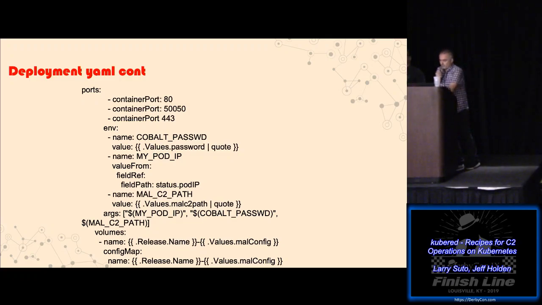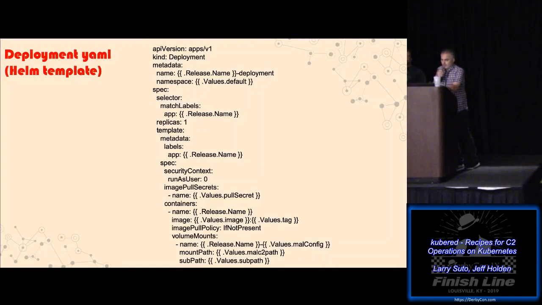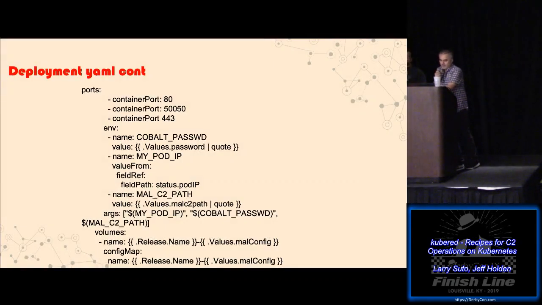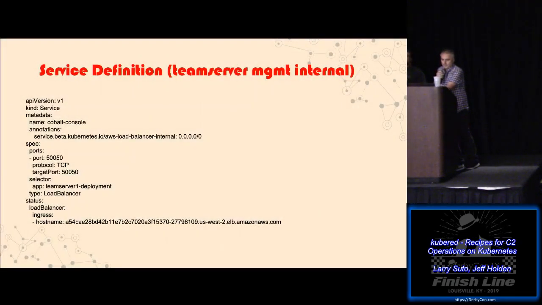If you look at the previous slide, you can actually create replicas. So if you have a lot of implants running, you can scale it, and have multiple Cobalt Strike servers running simultaneously.